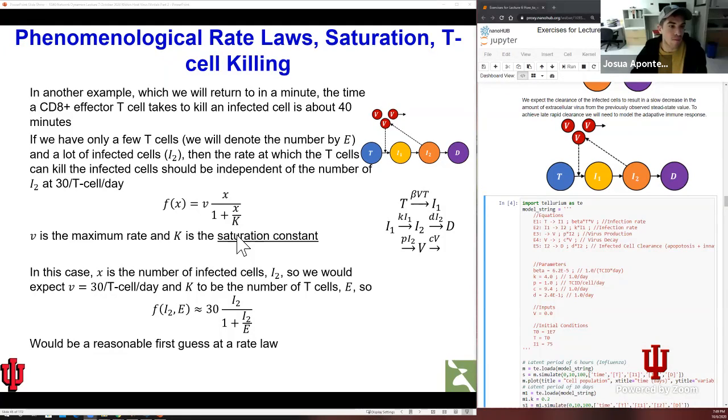And I appreciate your patience going through some things that can look pretty abstract. I don't really know a way to introduce some of these concepts without doing a little bit of abstract reasoning first. When we come to actually doing the modeling, we're going to find that we need to use saturation terms a lot.